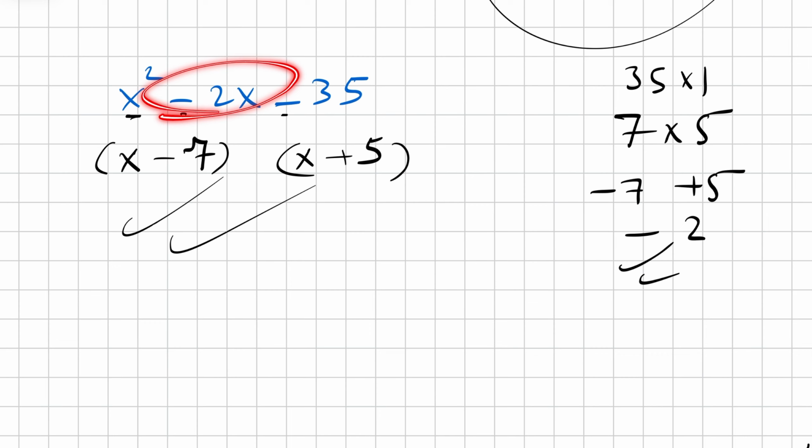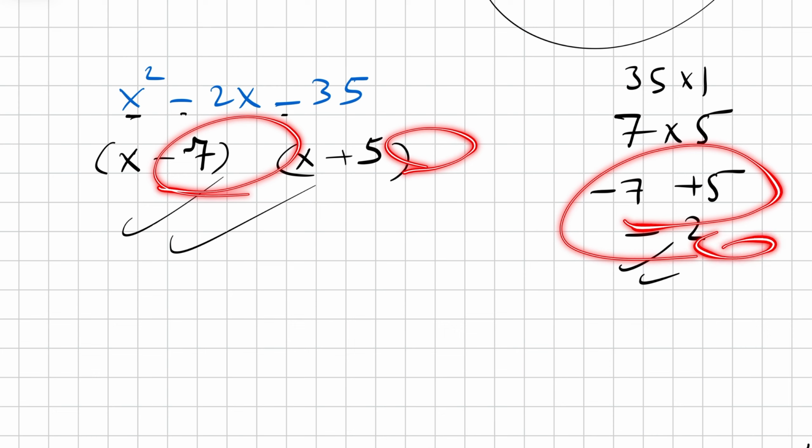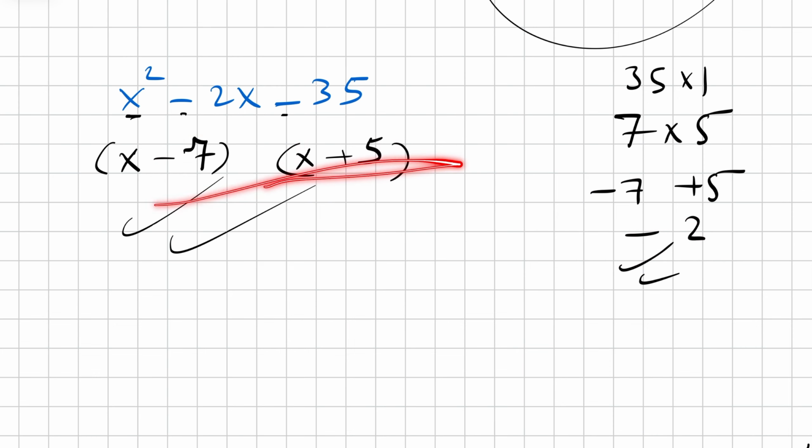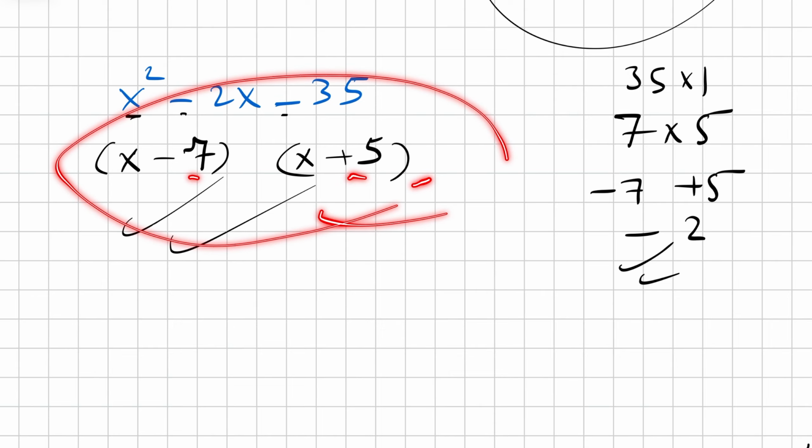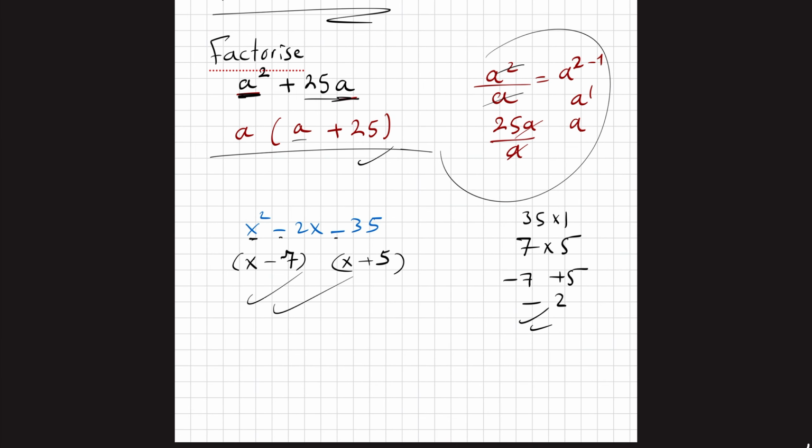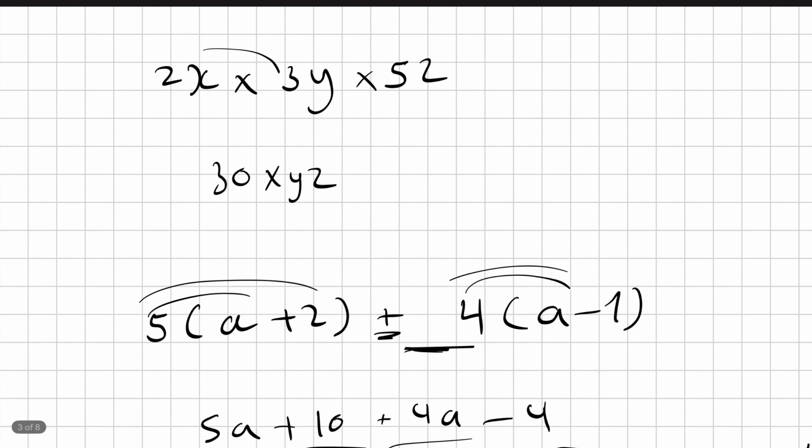Since it's negative in this case, then the bigger factor is going to take the negative sign. You think of the two factors multiplying to give 35, which is going to be 7 times 5, and you're going to give the negative sign to the 7 and the positive sign to the 5. And when you do that, it actually gives you negative 2, which is the case. And here you go. So x minus 7 and x plus 5, and this is how you factorize a quadratic as you can see.